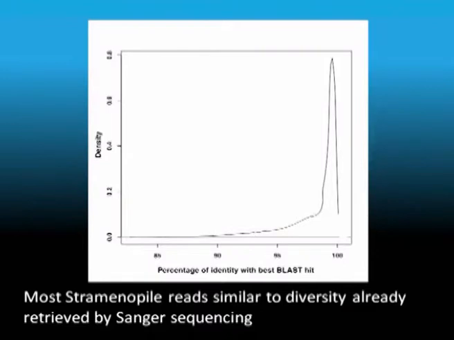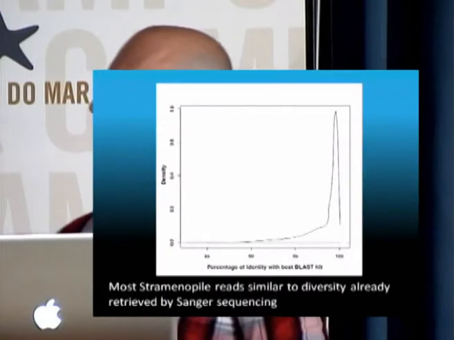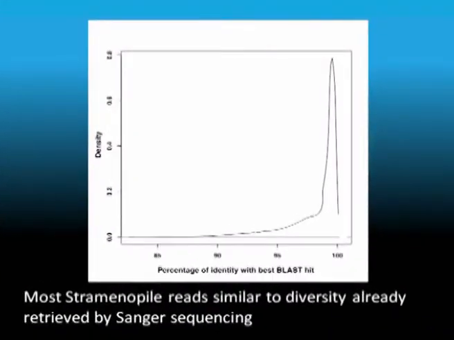But coming back to the previous question, of how much new diversity we are getting, what we did was BLAST all the reads. BLAST is where we compare all the reads to the previous information. Then we got the best BLAST hit, which is the most similar thing we could find, and we plotted the best percentage of similarity as a density distribution.